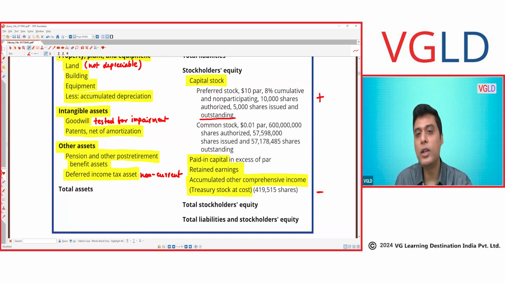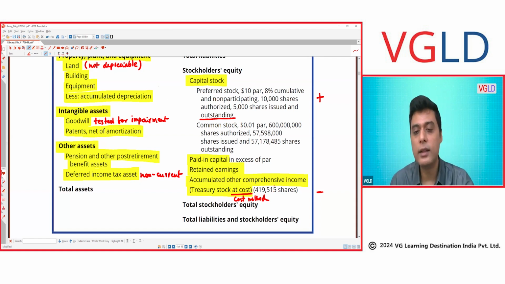Now, when you reduce treasury stock at the end, at the bottom of the stockholders' equity section, this is the cost method. That means here, I'm giving you a tip on, let's say, an interview question. In the interview, they ask you, how do you determine from the face of the balance sheet which method they have applied?